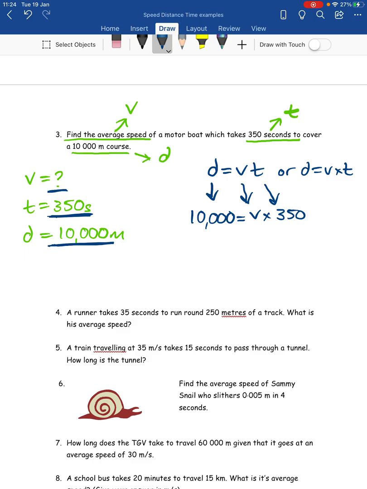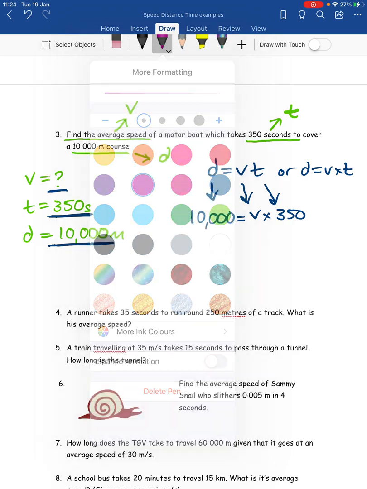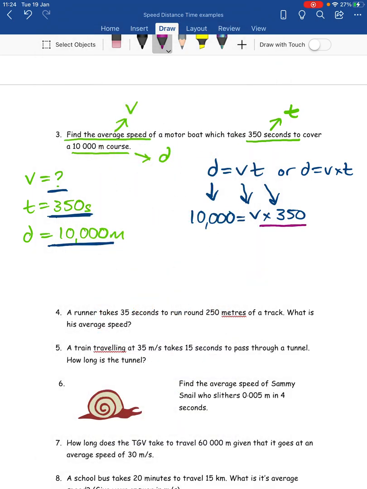Now what I want is I want V by itself. Now at the moment it is attached to the multiplication sign and the 350. So this means that this 350 needs to go across to the other side of the equal sign.